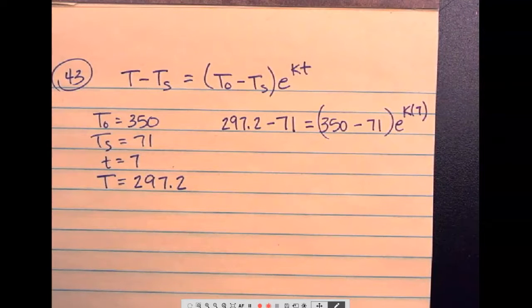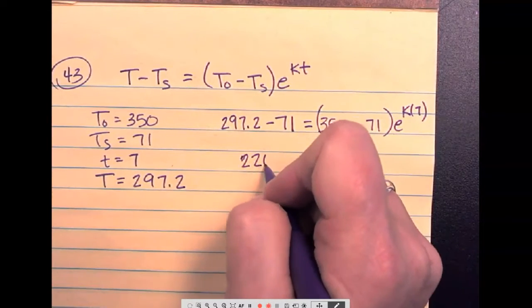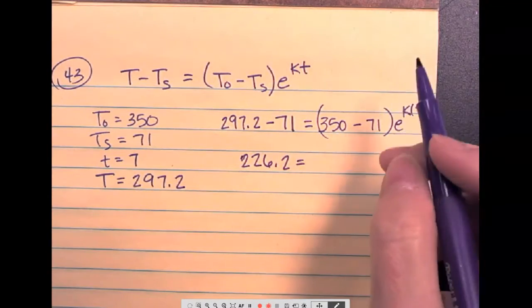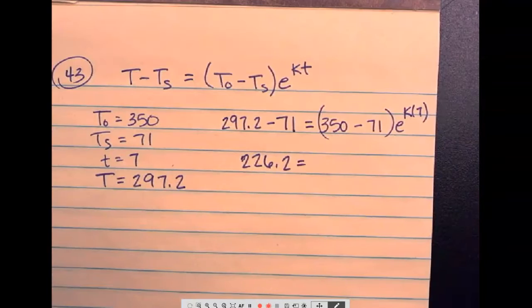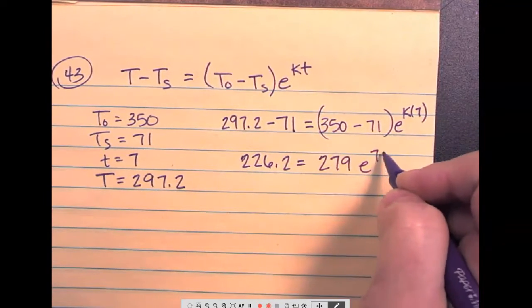Okay, let's see here. 297.2 minus 71. We could have done that in our head. 226.2. 350 minus 71, that would be 279. e to the 7K.